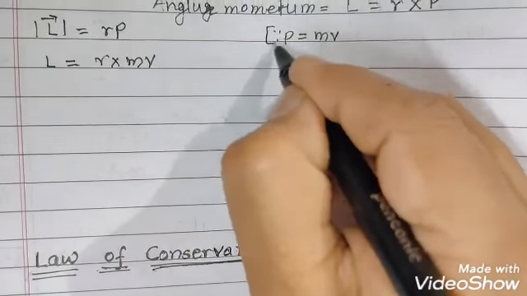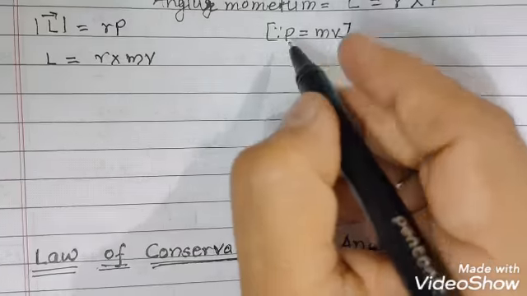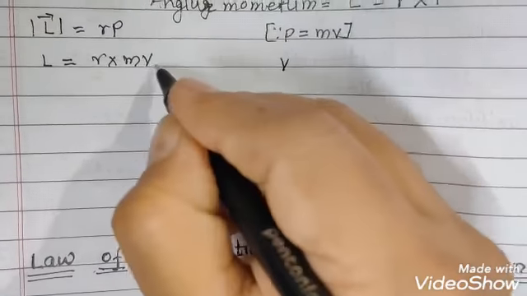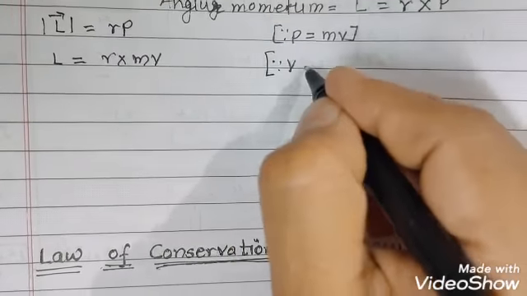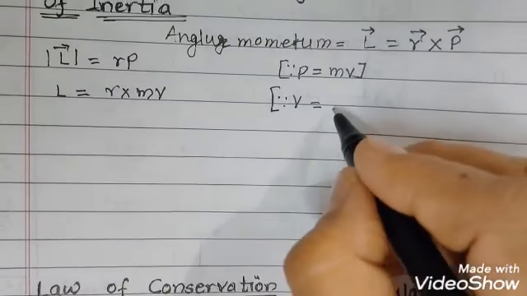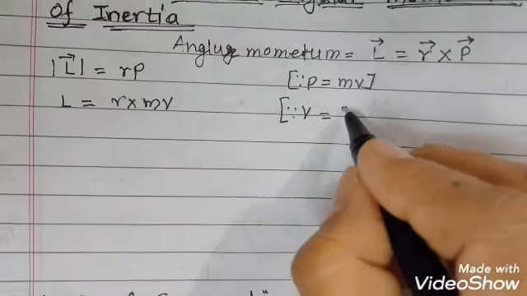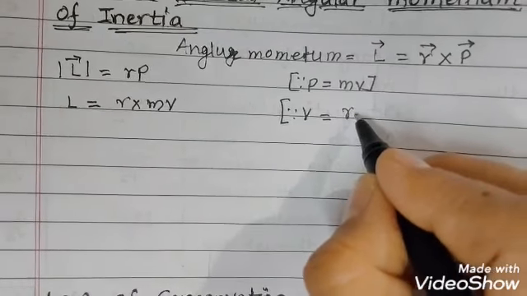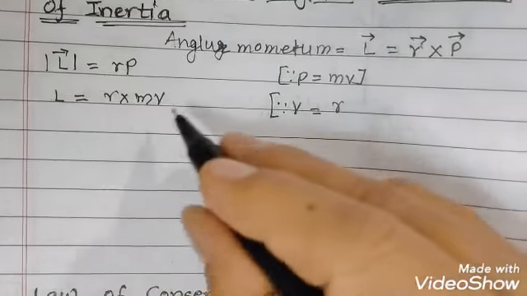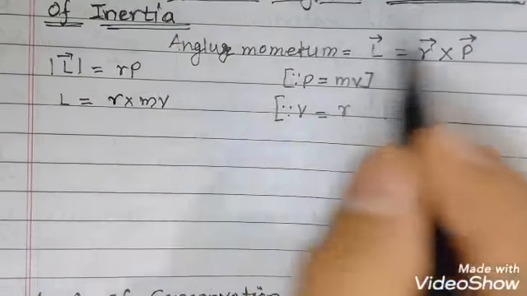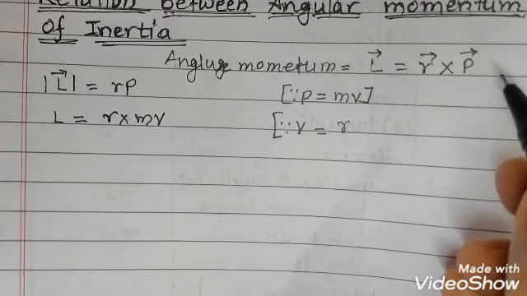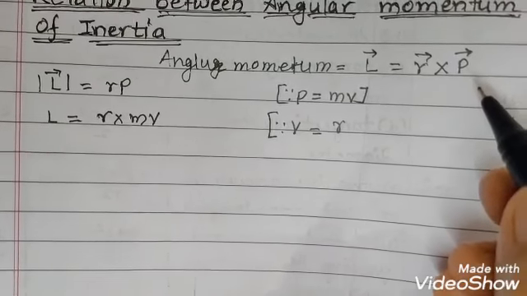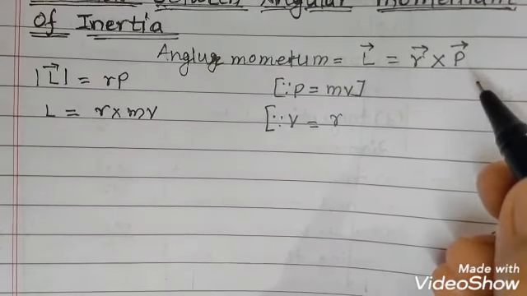Now we know that v is the linear velocity, and linear velocity is equal to radius, or you can say this distance r which we have taken, about which the torque will be produced and the object will rotate.